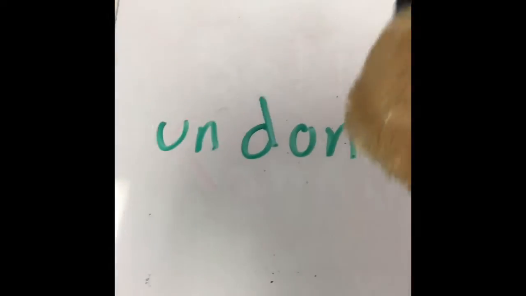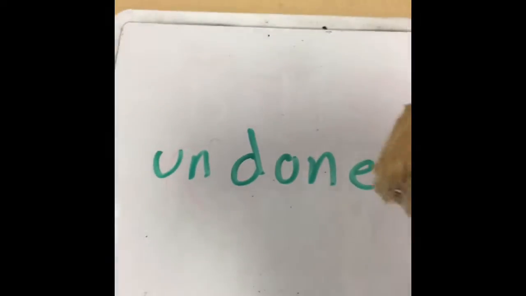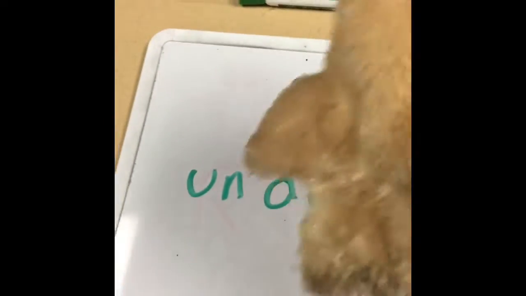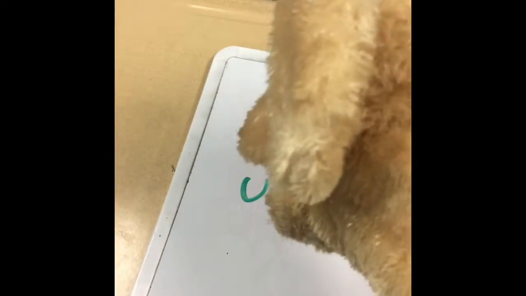What does the prefix un do to done? That is a very good question. The un means not or incomplete. So, instead of saying done, as in something complete, I changed it to undone, which means it is not complete. It's not finished. So the prefix is located at the beginning.